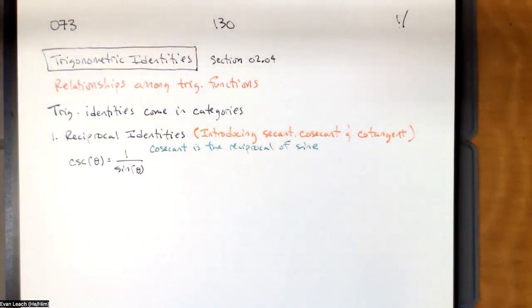In symbols, we write cosecant theta equals 1 divided by sine of theta.